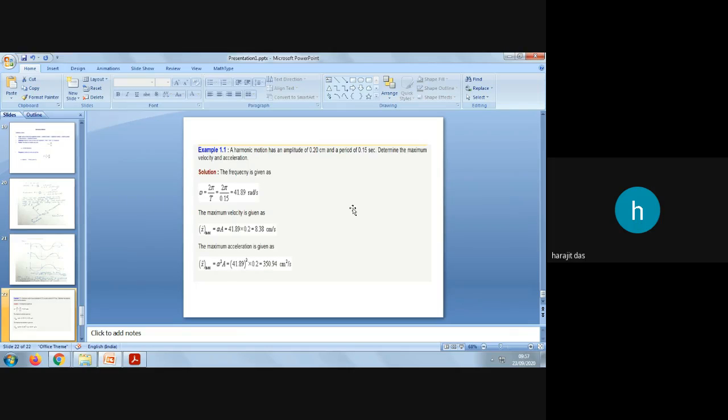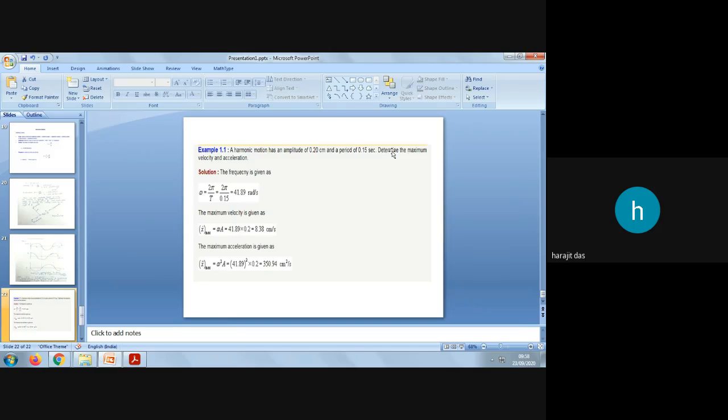What was our equation? X equals capital A sine omega t. When the sine value is at its maximum, that is 1, the maximum displacement is X equals A, because A is the maximum amplitude, the maximum displacement from the mean line.